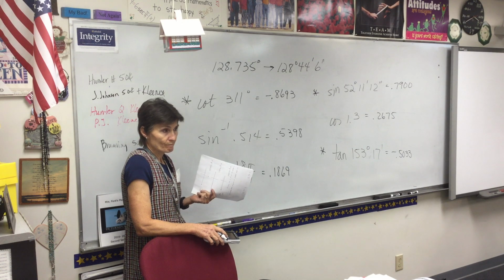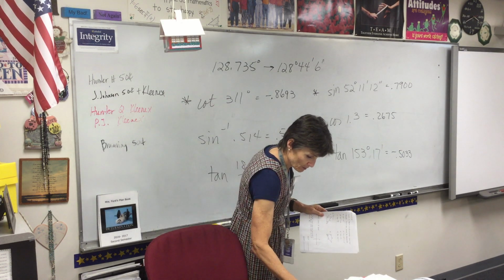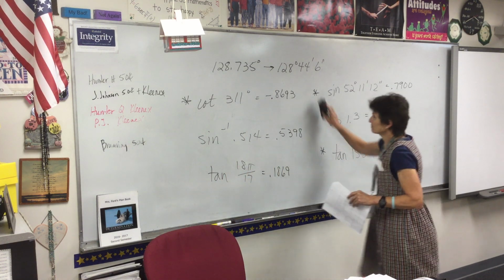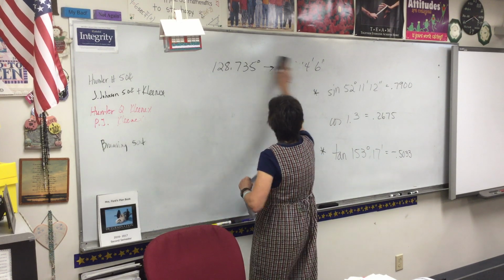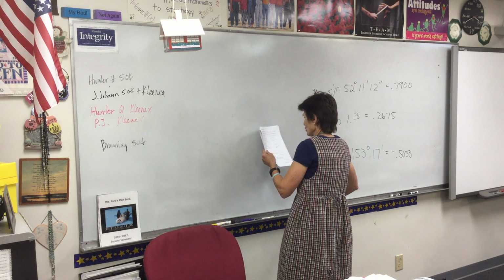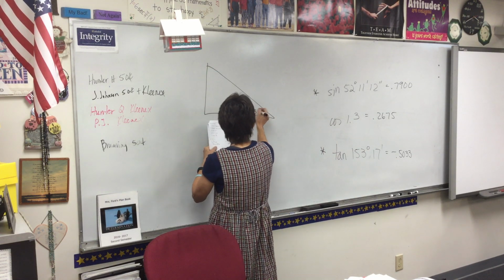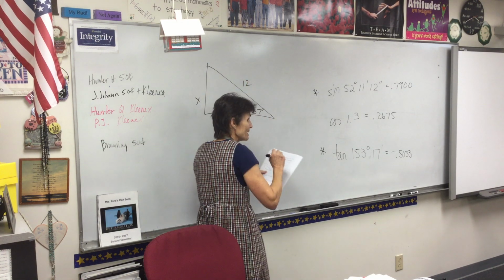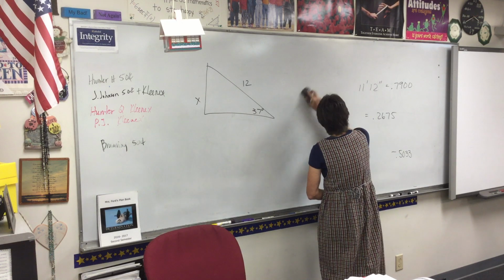Everybody good? All right, so then we're moving on to the next part, which is finding parts of triangles. And I do want you to pay attention in the picture. Do you see how the angles are marked in degrees? So what does that mean? Change it back to degrees.